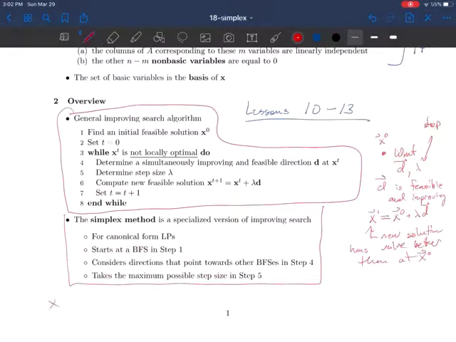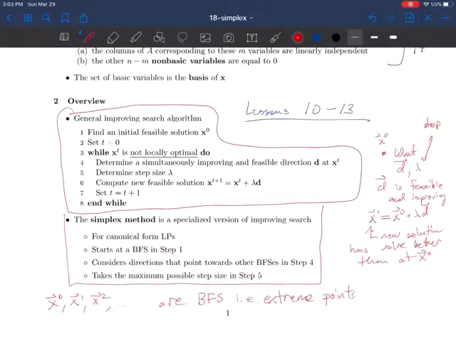Once we turn this into the simplex method, the point is that the x iterates, so x0, x1, x2, and so on, are going to be BFSs, basic feasible solutions, i.e. extreme points. That's why we've been spending all this time in the previous few lectures talking about what an extreme point is, what a basic feasible solution is in canonical form.